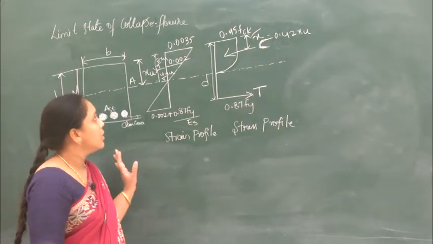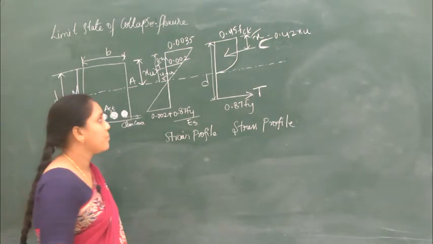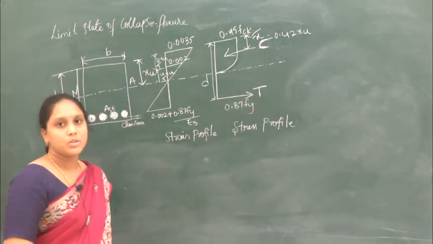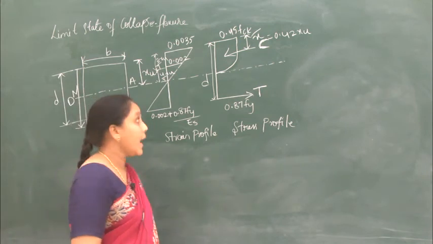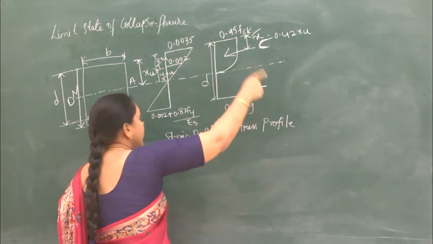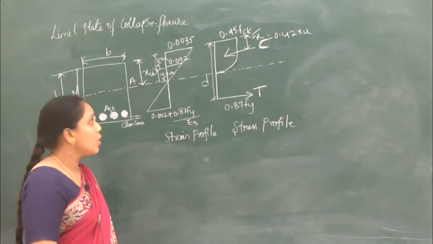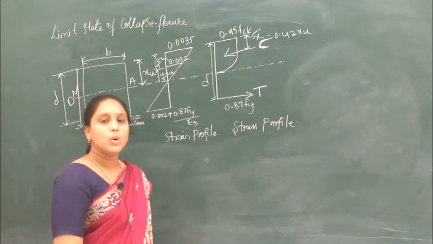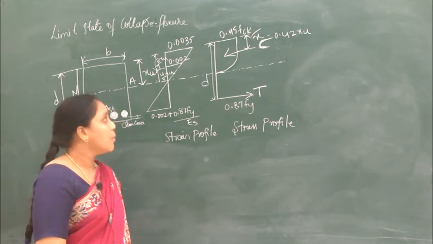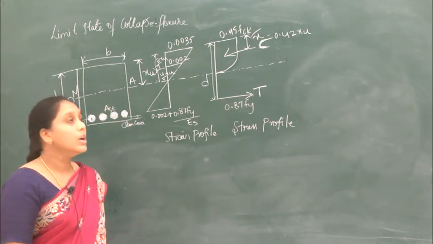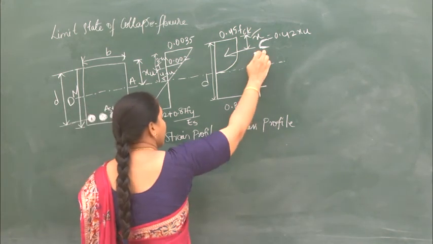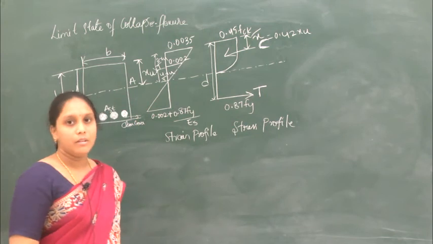Now the two forces, the compressive force and the tensile force, are developing a couple. So from that we can find out the moment of resistance. The moment of resistance is equal to the moment of the couple developed between the compressive and the tensile forces.